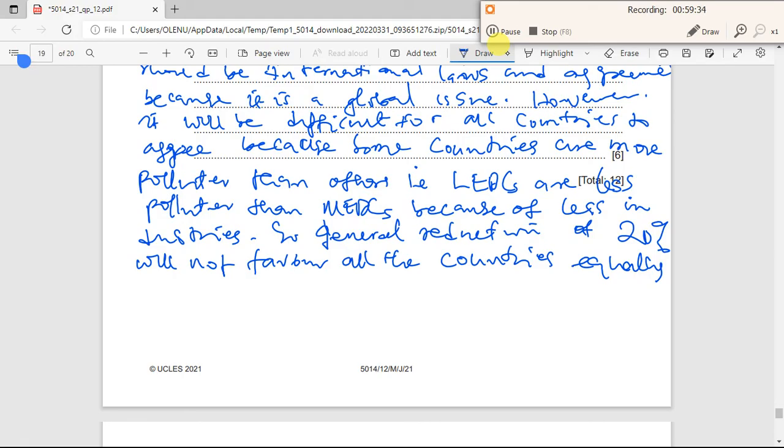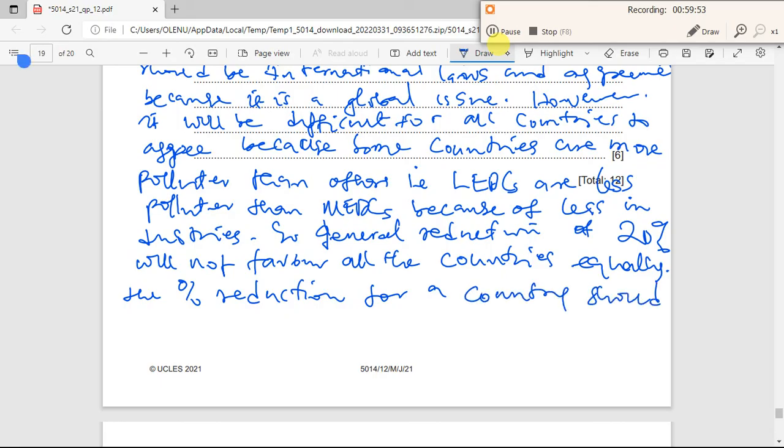The percentage reduction should be in line with the level of pollution released by that country. So the percentage reduction for a country should be in line with the total percent produced by the country.